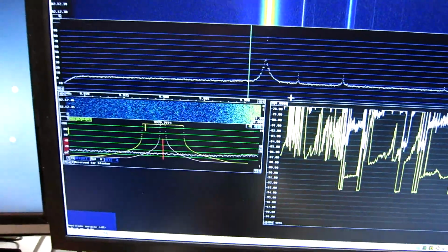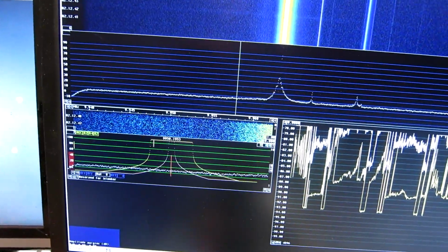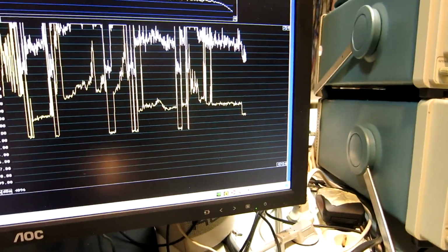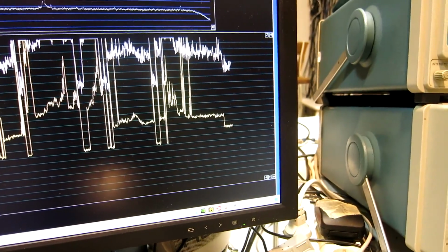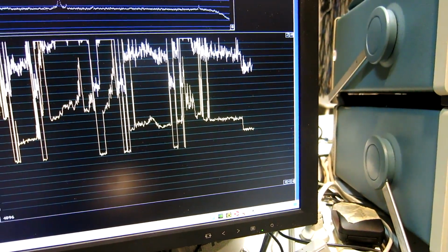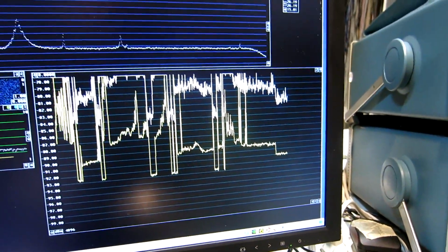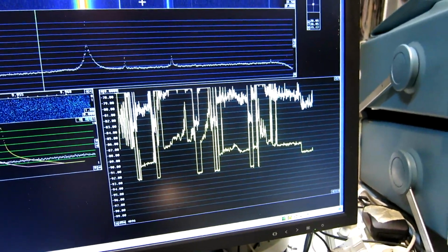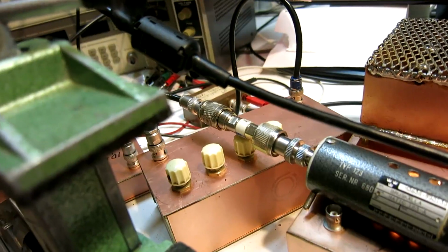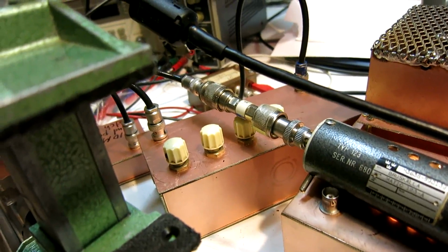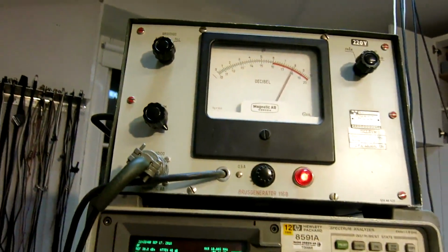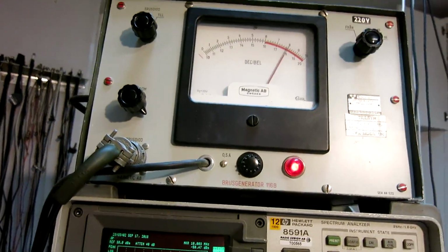I go to 50 kilohertz separation here to get the noise floor. And then I connect the noise source. To get the same reading through the 6 dB attenuator, I have to set the noise generator to 8 dB noise figure.